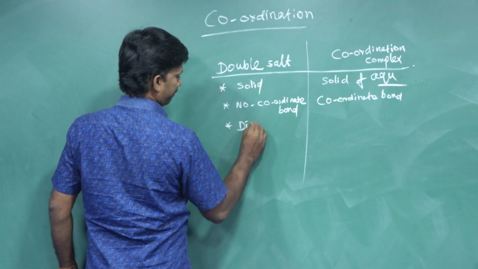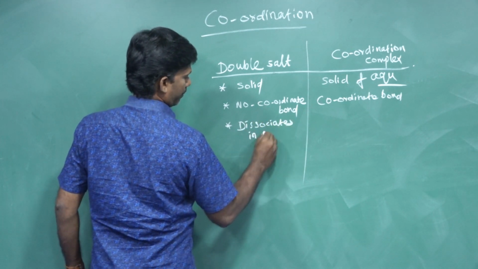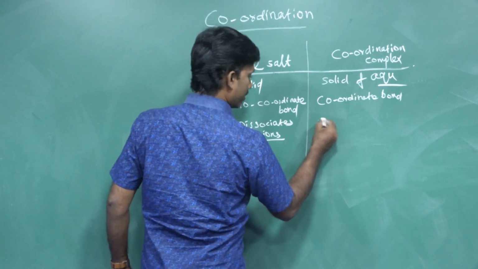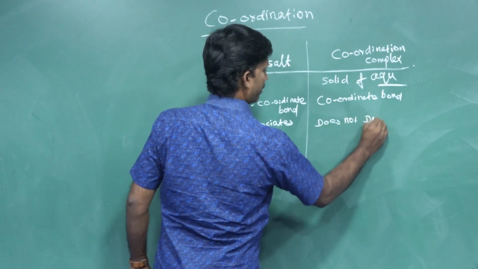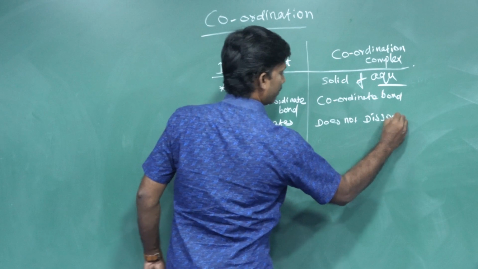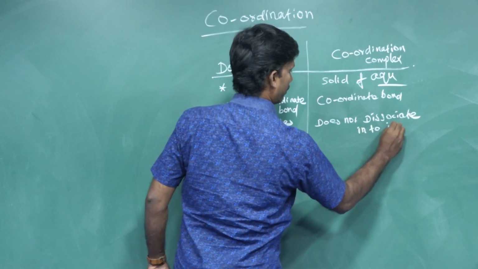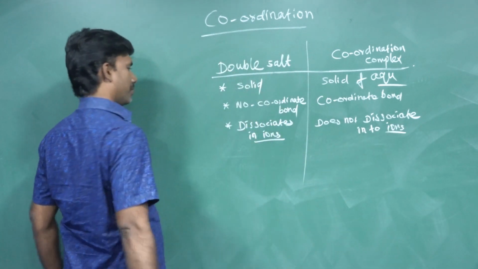The double salt dissociates into constituent ions, whereas the coordination complex does not dissociate into constituent ions.